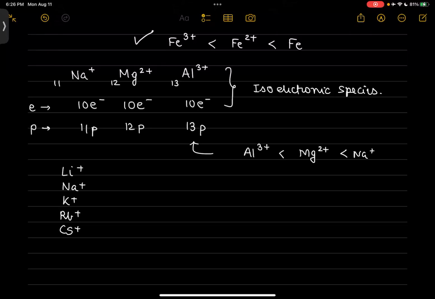Cesium will be the biggest. They are neither isoelectronic nor from the same period; they are one below another. So the size is increasing, right? Yes, sir. Absolutely correct. Lithium is the smallest in gas phase, right? Yes. In water, the size reverts because the water molecules surround them. Okay.